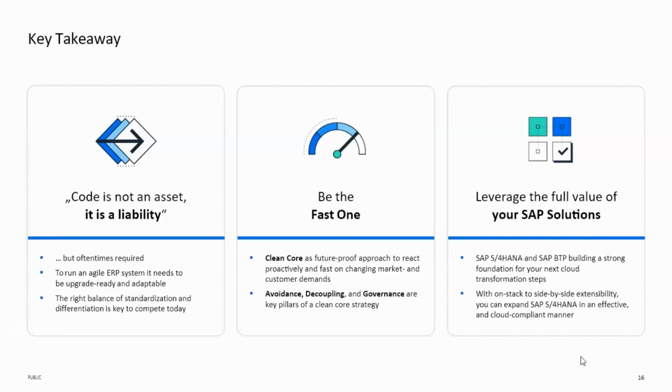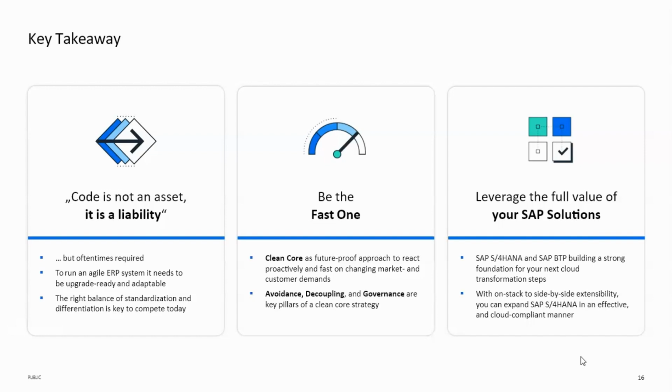The SAP Clean Core strategy is instrumental in realizing this vision by advocating for a streamlined IT landscape centered around SAP S/4HANA as the digital core, augmented with cloud solutions tailored for specific business functions.